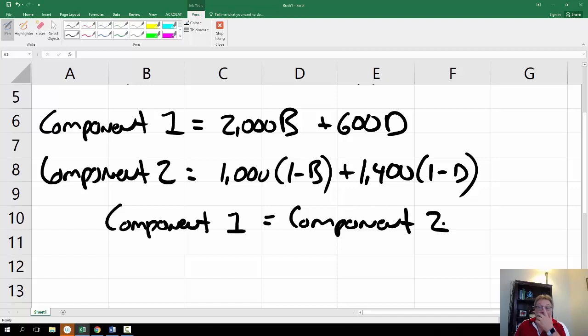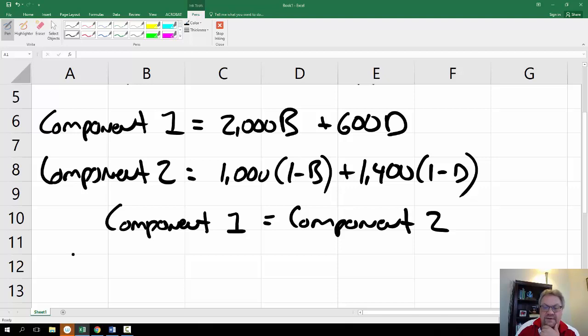All right? Well, hopefully this is starting to get you to think, hey, wait a minute. What I should do is maximize the production of component 1 subject to the fact that the amount of component 1 must equal the amount of component 2, right? That's the way I thought of this problem.